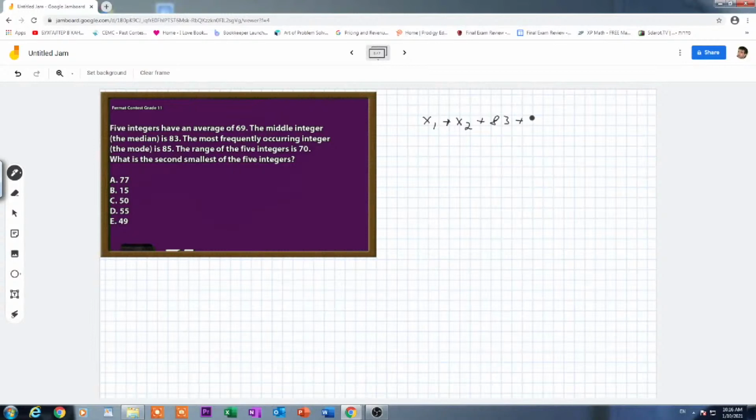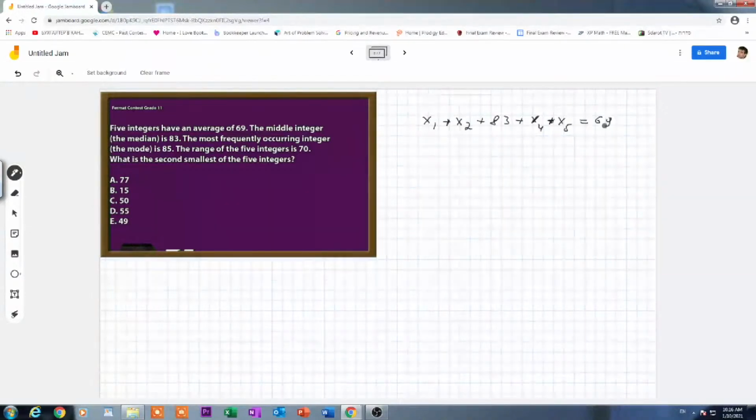So I'm not going to mark the numbers that are 85, not yet. I'm just going to put them as unknowns, x. So average equals 69, right? So if we divide the sum by 5, it equals 69.